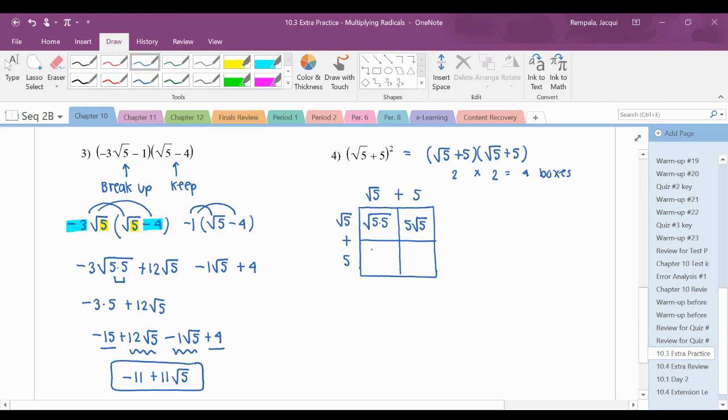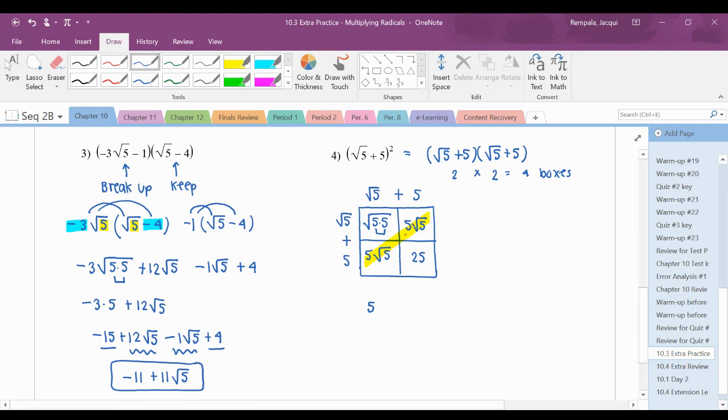Same thing with the box down here. There's an outside number and a number under the square root. And then 5 times 5 is 25. All right, notice that in this first box, we have the same number underneath that square root. So that means that that's just going to turn into the number 5. Notice that what we have here on the diagonal are like terms.